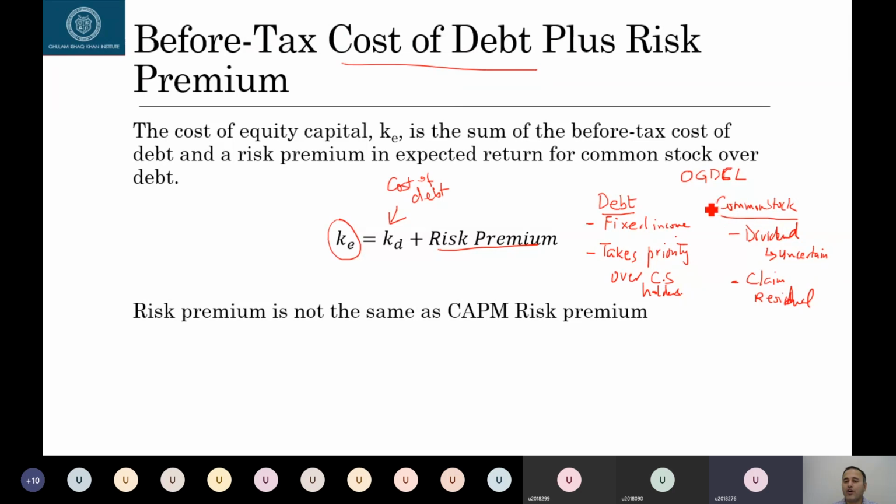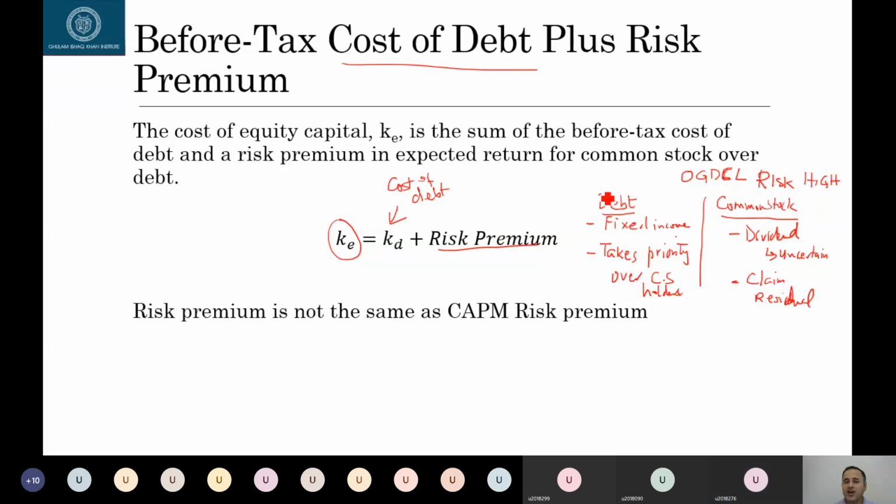So on the face of it, on common stock, risk is high. But if risk is high, the return is also high. It goes both ways. So the risk of common stock compared to debt holders is high.